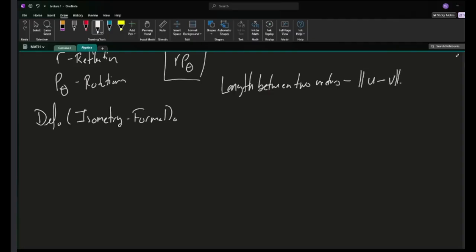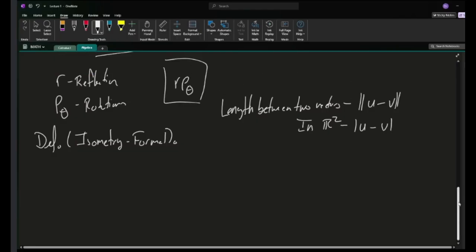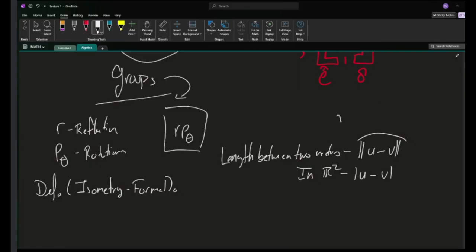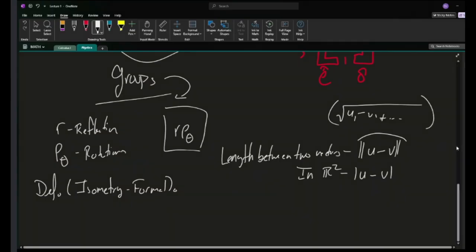The text likes to simplify things and make it R2. In R2, it's easy to think of these norms as just the absolute value, but it's easier to look at them as actual norm operators, because this takes the square root of u1 minus v1 squared plus so forth, if we recall from linear algebra.